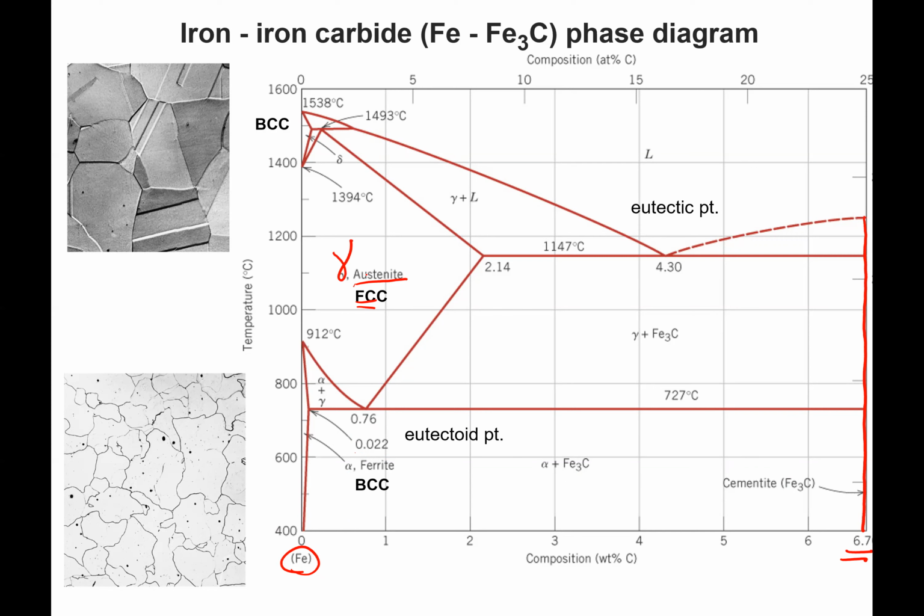And that one you can see here at 1147 degrees has a maximum solubility of about 2 weight percent carbon. And so all of your steels are going to be in this range of carbon less than 2 weight percent. And then from there, we'll drop down. Let's say we're sitting here at a carbon content of 1.5 weight percent. Then it would drop down, and we would form the ferrite and cementite.